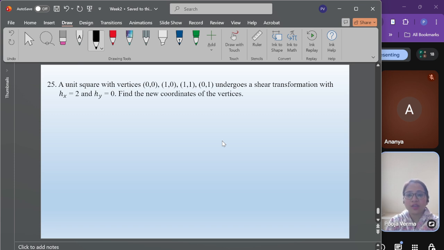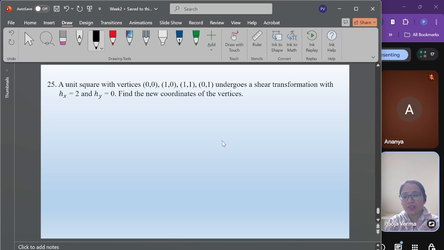A unit square with vertices (0,0), (1,0), (1,1), and (0,1) undergoes a shear transformation with hx equal to 2 and hy equal to 0. We need to find the new coordinates of the vertices. So these points undergo the shear transformation.